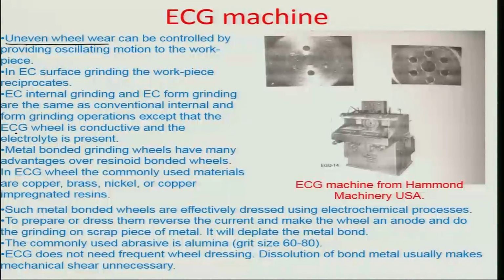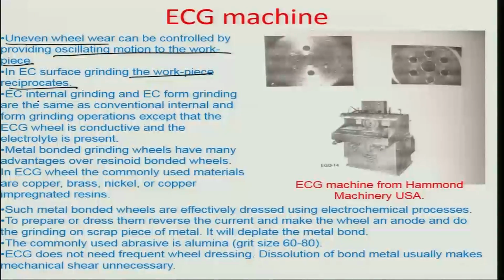In order to prevent that, you sometimes need oscillatory motions to be introduced, where the grinding wheel, which principally has a rotation direction, is also translated back and forth over a workpiece surface. So in electrochemical surface grinding the workpiece normally reciprocates.